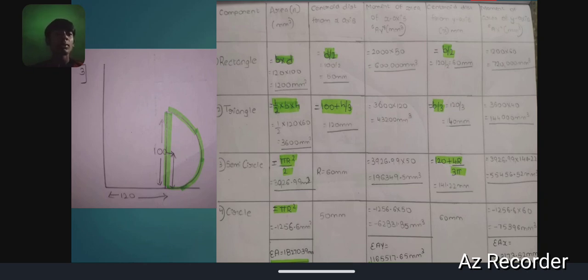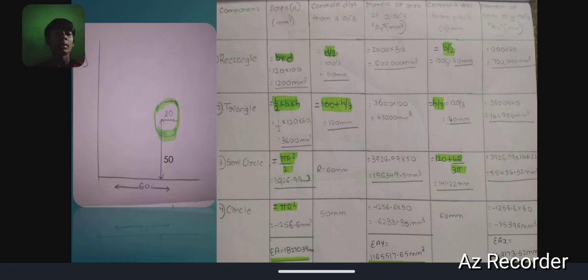And the moment of area about the y-axis is also the same, area into centroidal distance from the y-axis, we get some value.